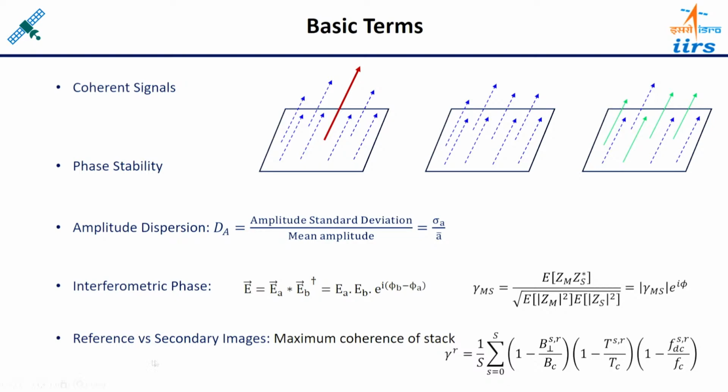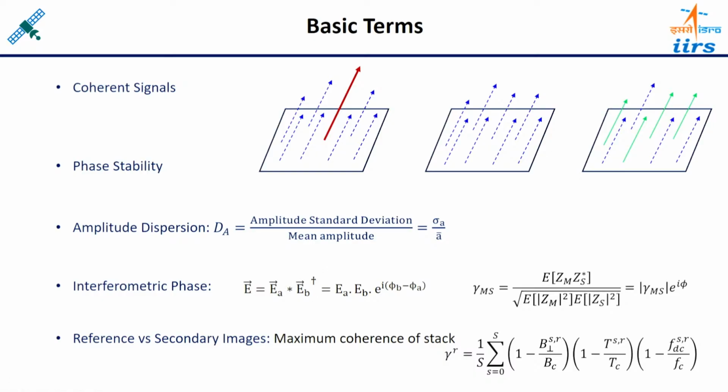Suppose EA is the electric field vector of signal A, and EB is the electric field vector of signal B, or you can say the second signal. This signal is complex in nature, and this signal is also complex in nature. That's why this dagger is mentioned. It means this is the first signal into the complex conjugate of the second signal.